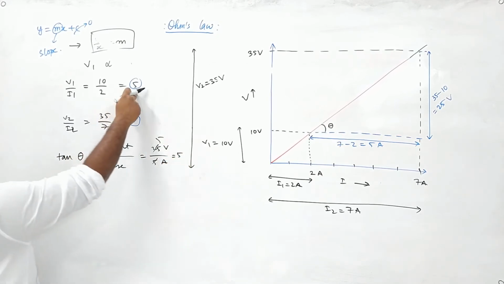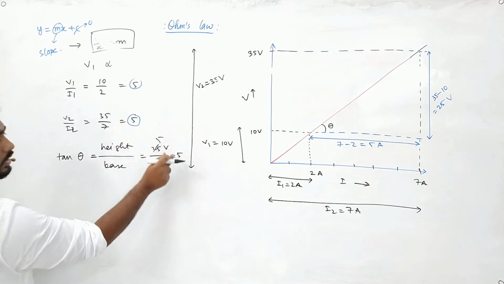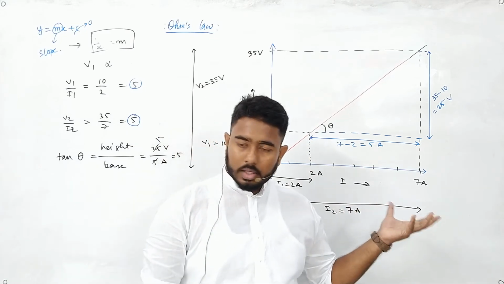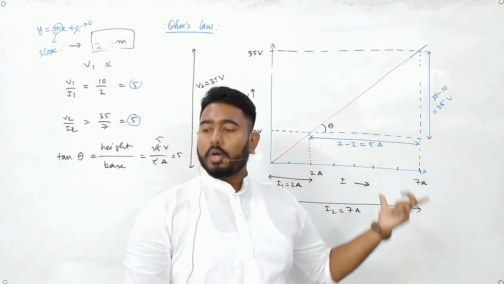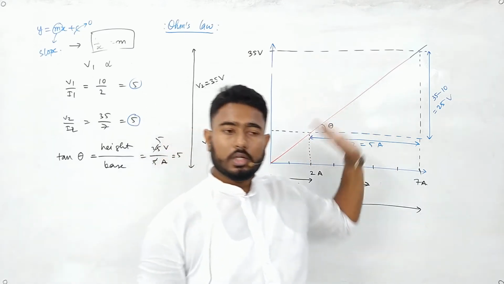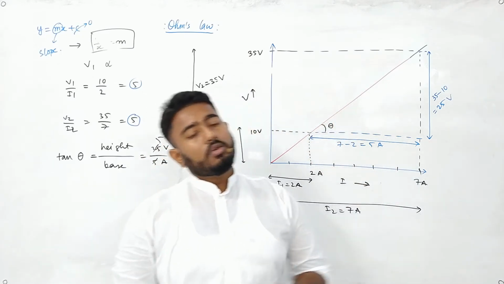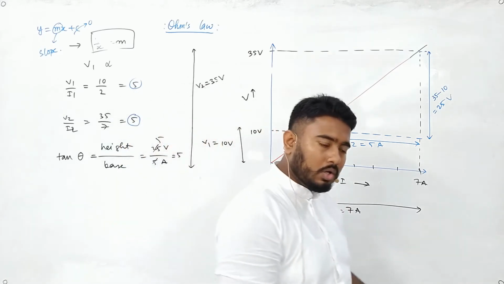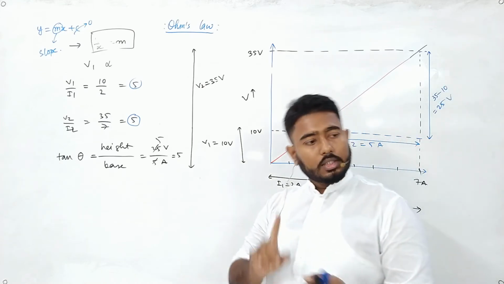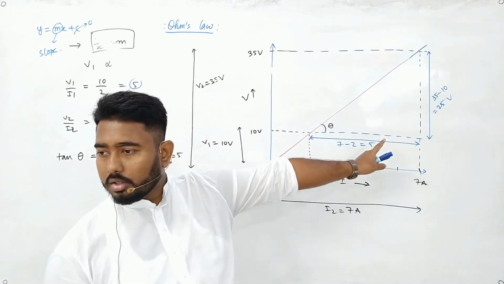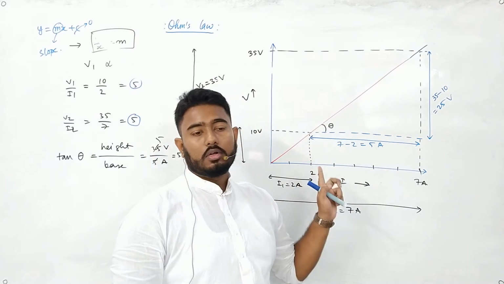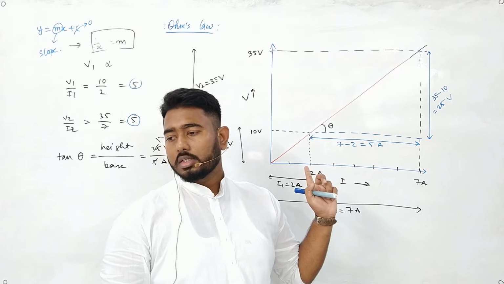So the previous one came 5, this one came 5, the difference is also coming 5. So in this case we can find out that from this diagram, if I take any arbitrary 2 points, then it will also have the same slope. We can also watch it from the figure. Okay, so something is remaining constant, whether I take the difference or whether I don't take the difference, whether I take 2 points, something is constant, and that constant is the slope. Is the slope changing? No, that is the slope. Now the value of this slope is known as resistance.